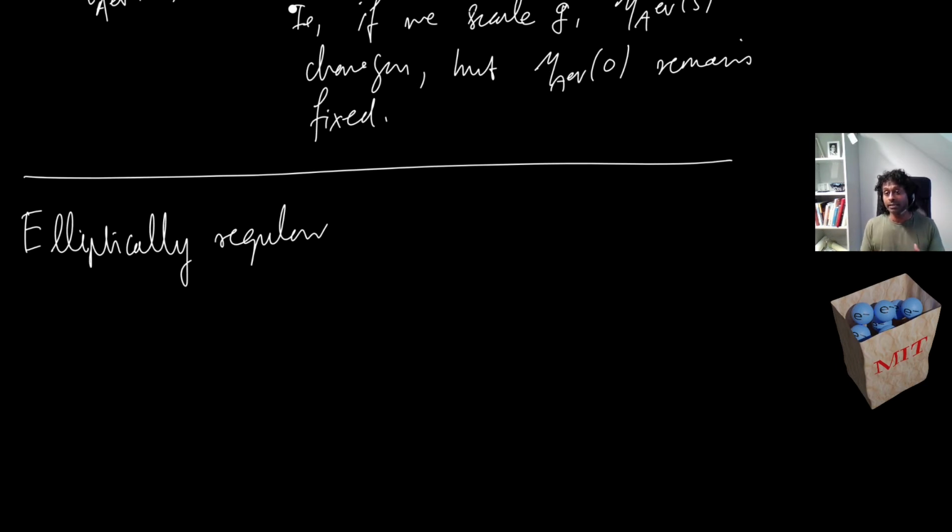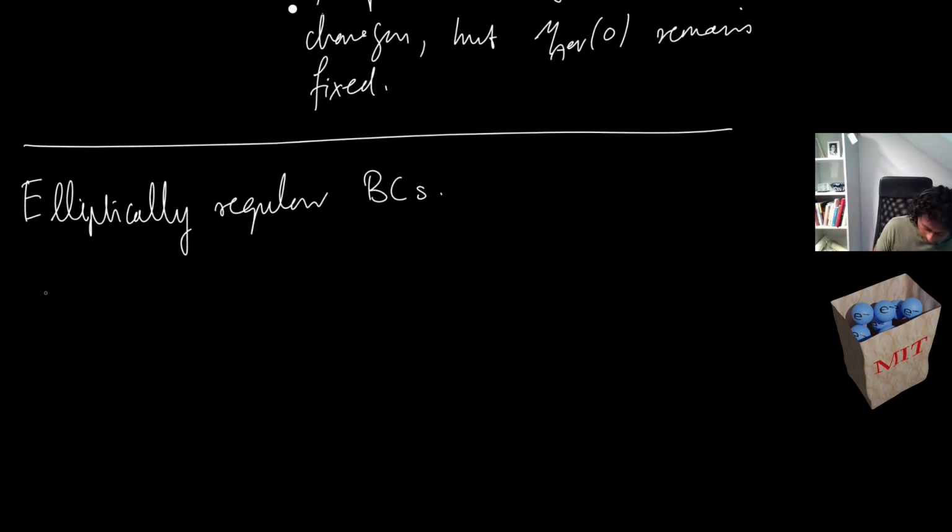So one can somehow cut up the Cauchy data space with respect to the boundary condition, right? And that allows very simple proofs of very deep results, as we will see. So elliptically regular boundary conditions. Okay, so there's a new chapter.